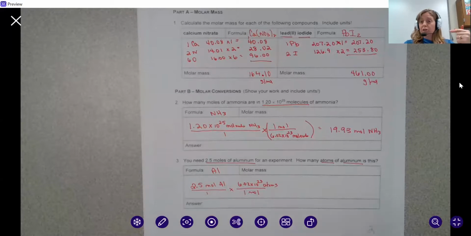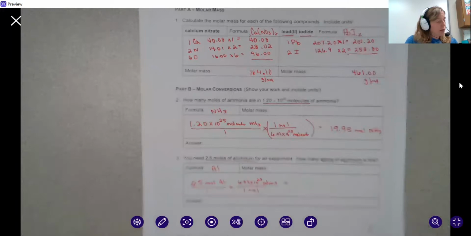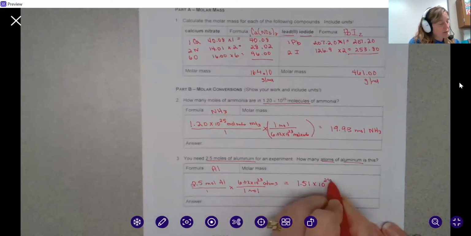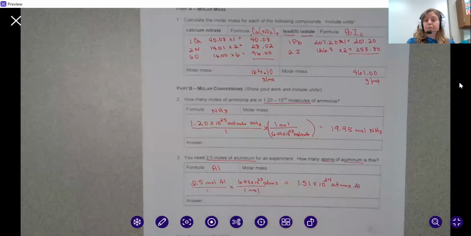You flip the ratio because we're going down the road instead of up the road. So we're going to take 2.5 times 6.02 second EE 23, and we should get an answer of 1.51 times 10 to the 24th atoms of aluminum.